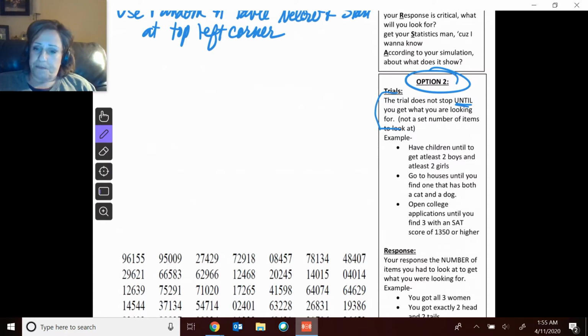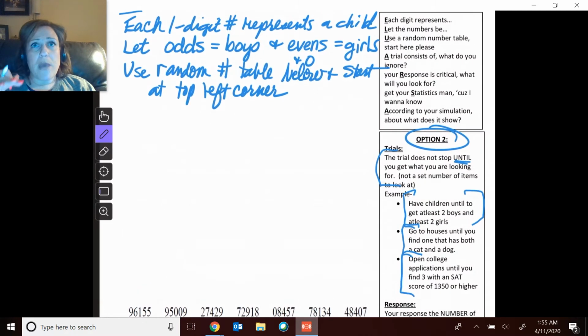For example: have children until you get at least 2 boys and at least 2 girls; go to houses until you find one that has both a cat and a dog; open college applications until you find 3 with an SAT score of 1350 or more. So you may have to have different amounts of children depending on the randomness of the numbers.